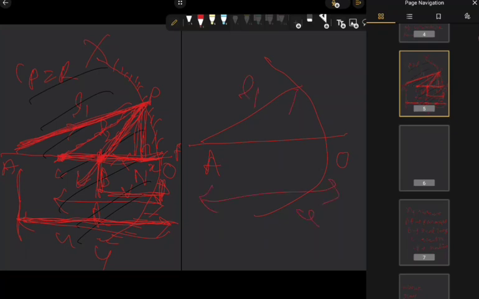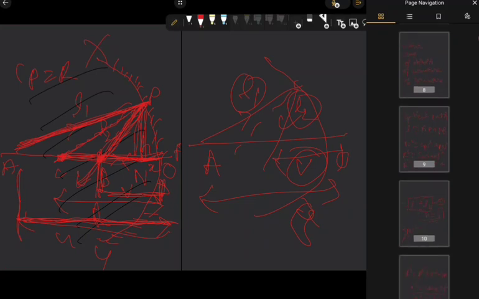This is the incident ray, this is the reflected ray, this is your normal. This is your L2, and this is your v. So u and L1, and v and L2 are corresponding terms.